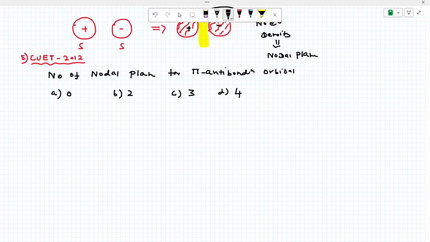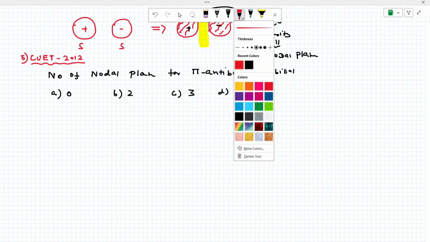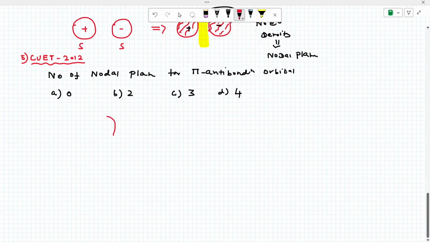Now see, what is pi? This is a pi orbital, made from p orbitals, with plus and minus lobes.